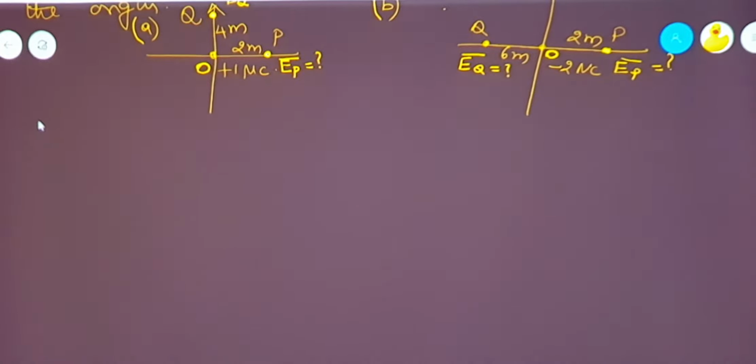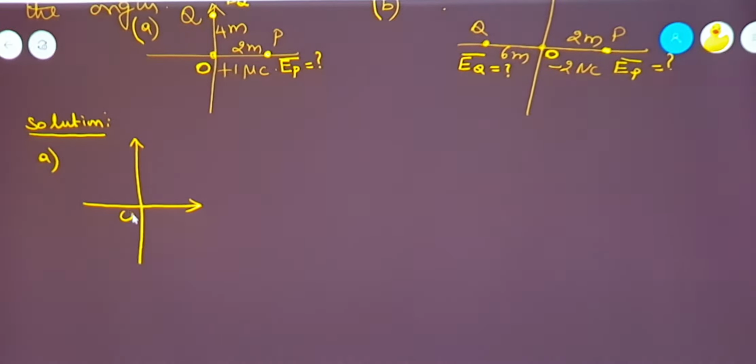See, when you are considering the solution, first of all, I am taking the first subdivision A. I am again considering the diagram. So this is x-axis, this is y-axis.